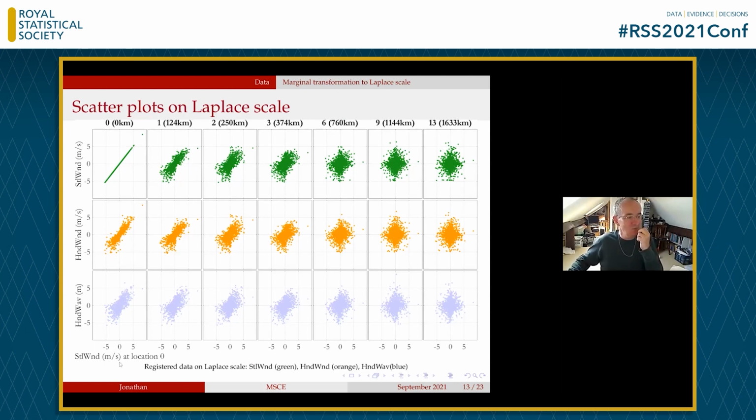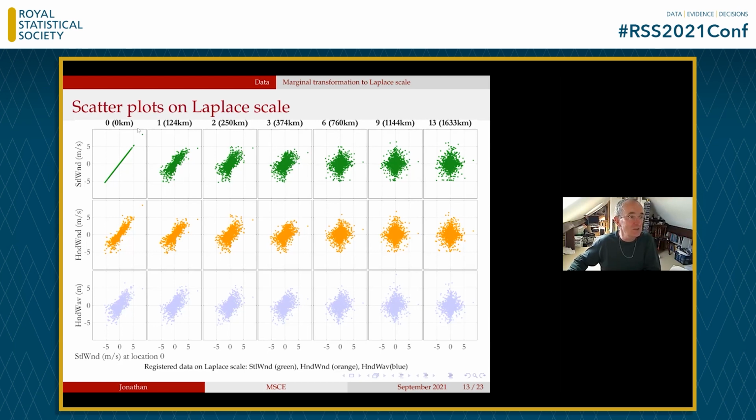Again, you've got satellite wind speed at the conditioning location on the x-axis, and these plots are direct evidence for what you'd expect to see in the conditional extremes model. Imagine conditioning on a large value of the x variable here. You want to know what the slope of the y is.